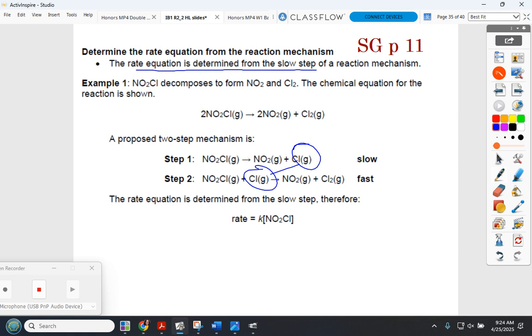Sorry, I'm doing this wrong. This was slow. I was looking at this as the fast one, but I think that's the next one. I apologize. It's Friday. It's been a long week. So this one, there's only one reactant, so that's the rate equation for that reactant.